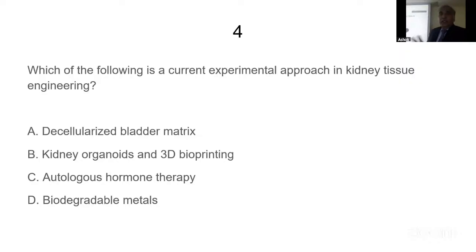So the ultimate aim is that the transplantation that we do by taking organs from a donor or from a deceased body, because we cannot have that number of people to donate, so that to reduce the waiting time and the number of patients who are suffering from end-stage renal disease, we are thinking of trying to bioprint the whole organ.